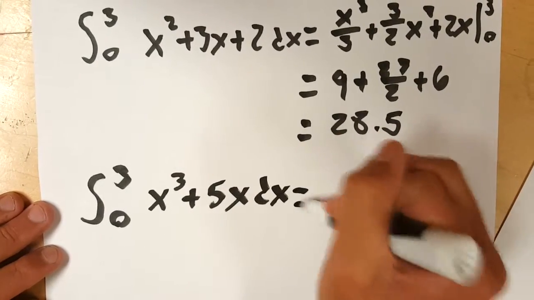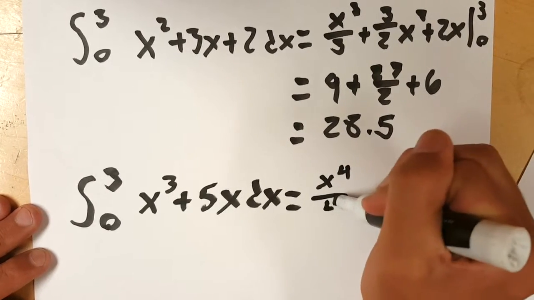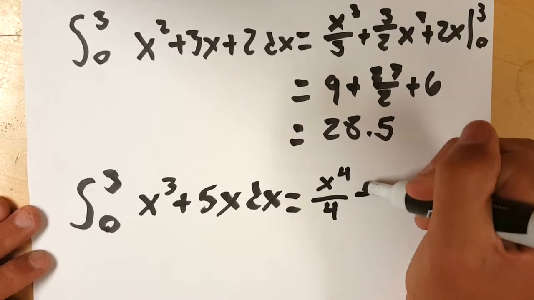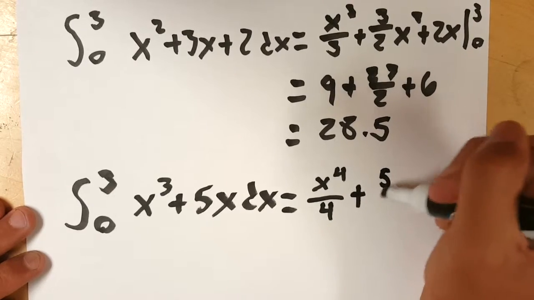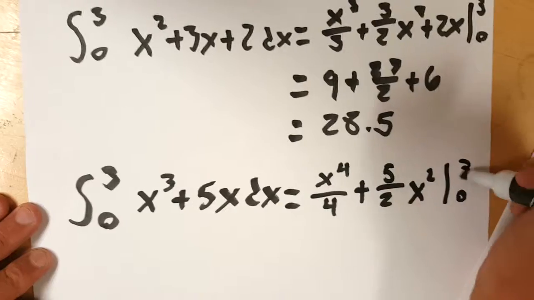dx. Integrate it again and you get x to the 4th over 4 plus 5 halves x squared from 0 to 3.